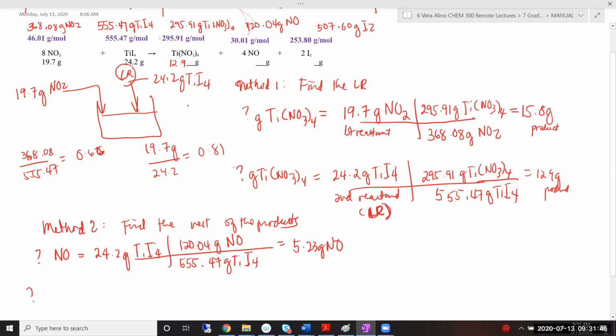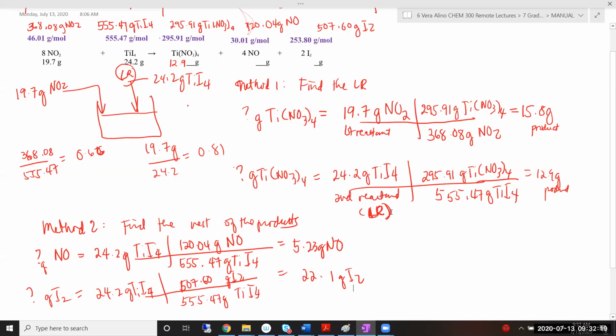Okay, and I'm going to do the same thing for iodine. That's 507 grams. And the value is 22.1 grams of iodine.